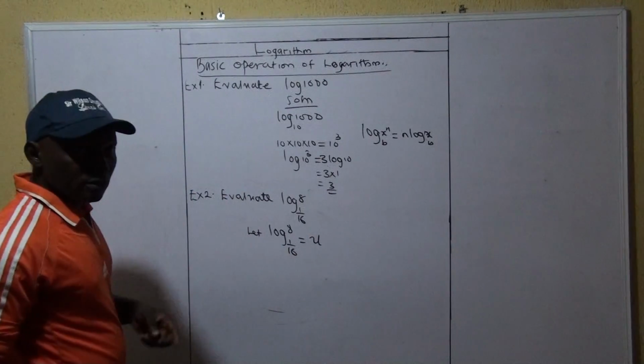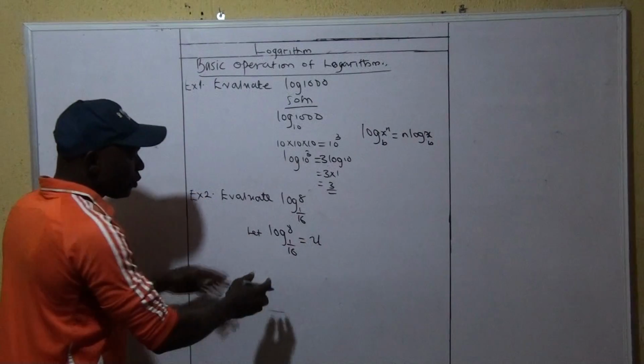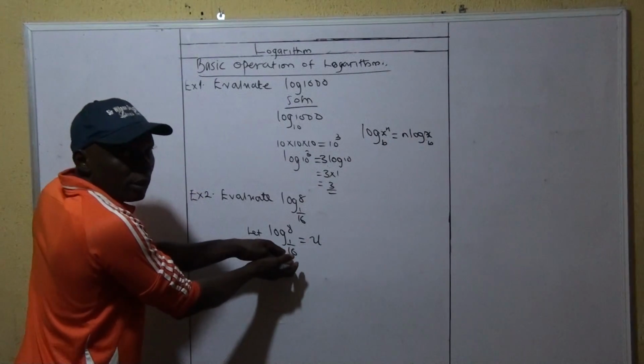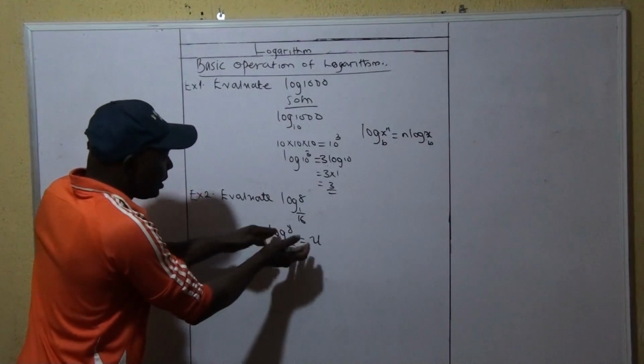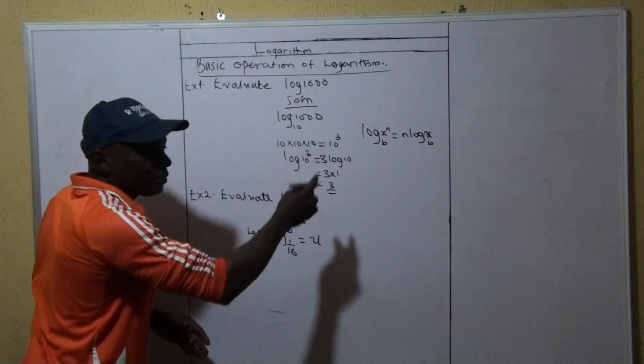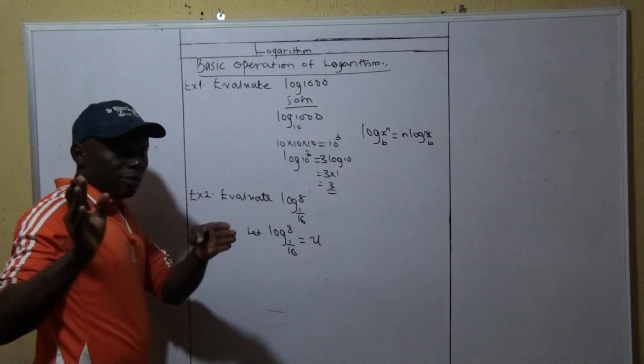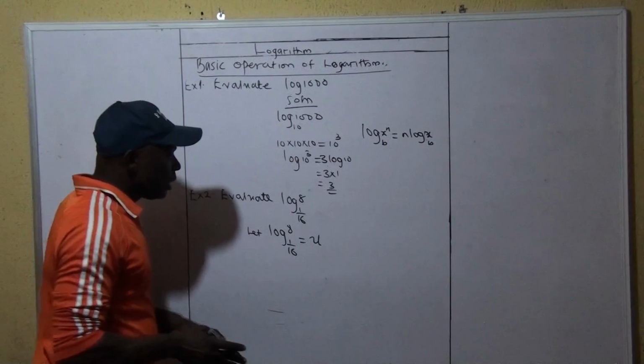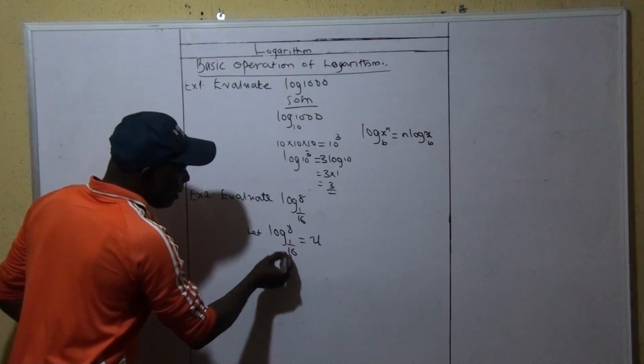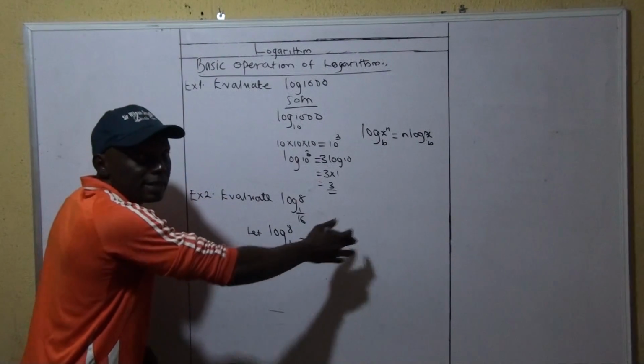Let it be u. So recall, when we were looking at the proofs of logarithm, I said sometimes you look at the base here for you to formulate the right hand side.